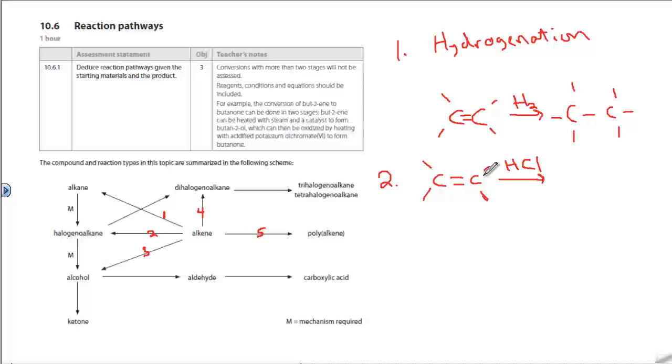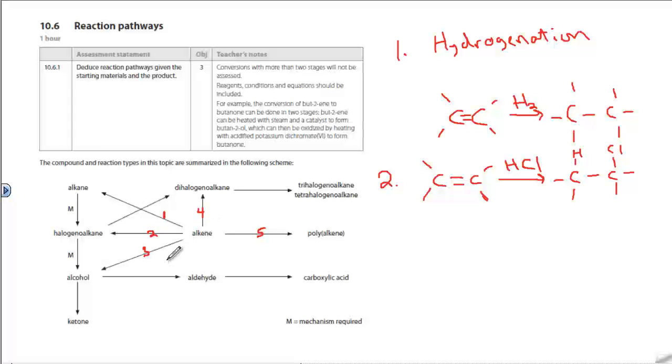This is an example where we're adding a hydrohalogen compound. It's an addition reaction, adding across the bond, the H from hydrochloric acid being there. So that is the process of forming a halogenoalkane.